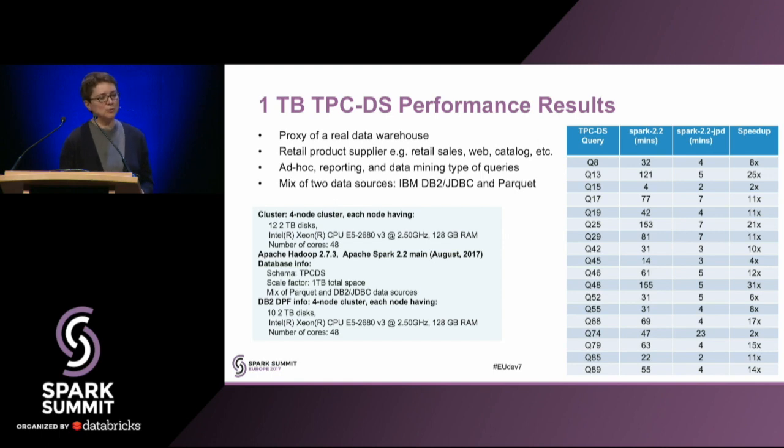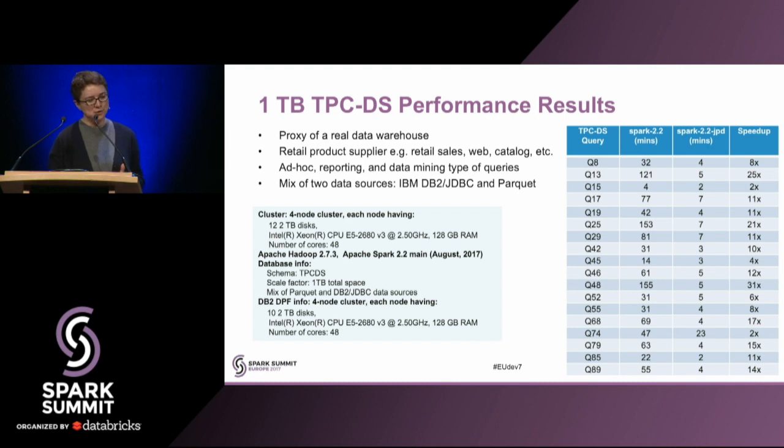Here are some of our performance results. We use the 1 terabyte TPC-DS benchmark, which is a proxy of a real data warehouse. The underlying business model is a retail product supplier. The benchmark applies a variety of queries from ad hoc to reporting to data mining. For our testing, we use a mix of 2 data sources.